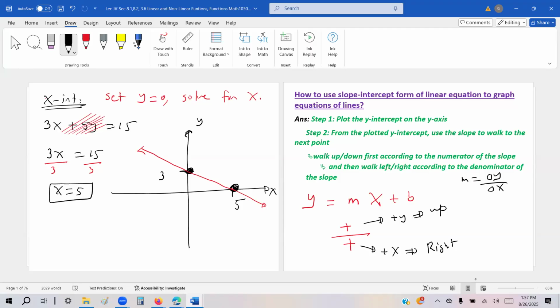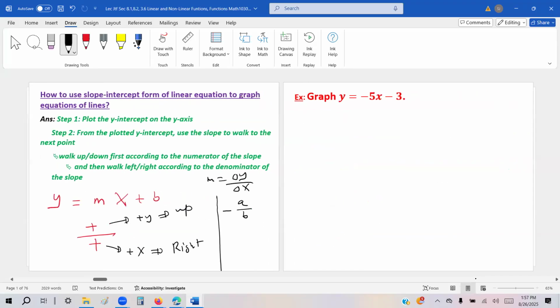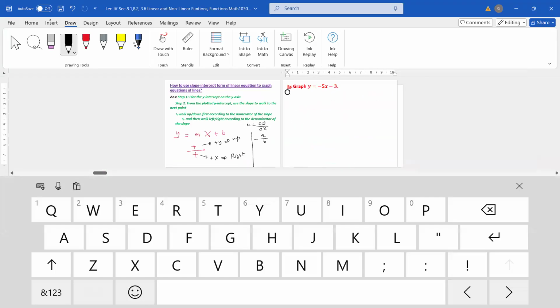Or you have one of them negative. Let's say negative a over b. You can have negative only once. If you have double negative, it turns to positive, so double negative doesn't work. If you have negative only once, that negative either belongs to the numerator or to the denominator. It's up to you. Where do you want to put the negative? Let me do it here.